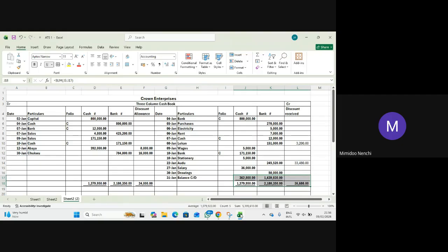Do we calculate the total before doing the balance carried down? And when we get the balance carried down, the difference, we change the total. I don't know if you get what I'm trying to say.